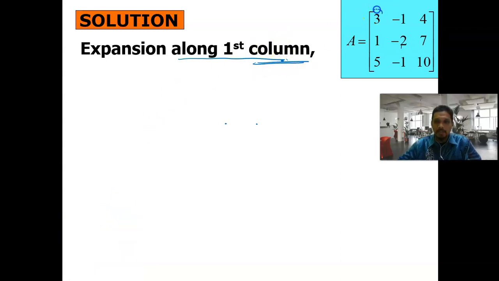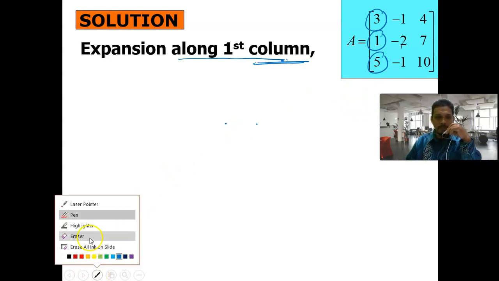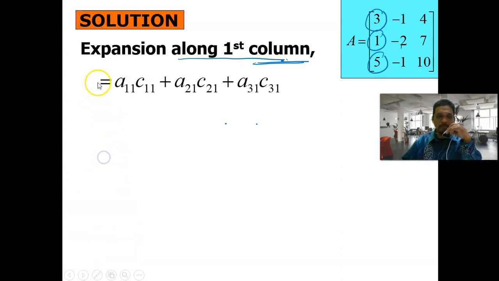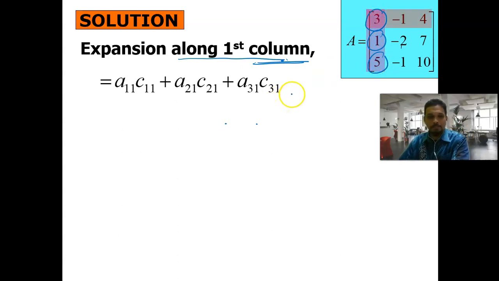So we can look at that 3, 1, and 5. Okay, so 3, 1, and 5. First, we're gonna write down, okay, A11, A21, A31. This is the element of A21.